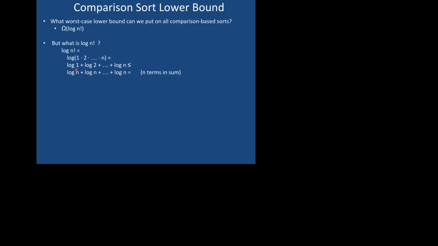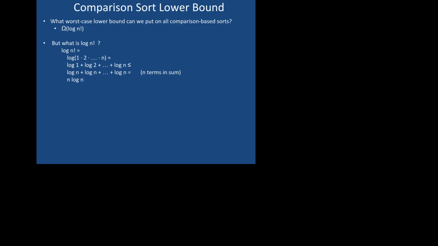Log of n is greater than or equal to log of 1. Log of n is greater than or equal to log of 2, all the way down the line. And so that sum on the bottom has got to be greater than or equal to the sum on the top. But that sum at the bottom is just n log n. So what we've got now is that log of n factorial is less than or equal to n log n. Okay? So keep that in mind.